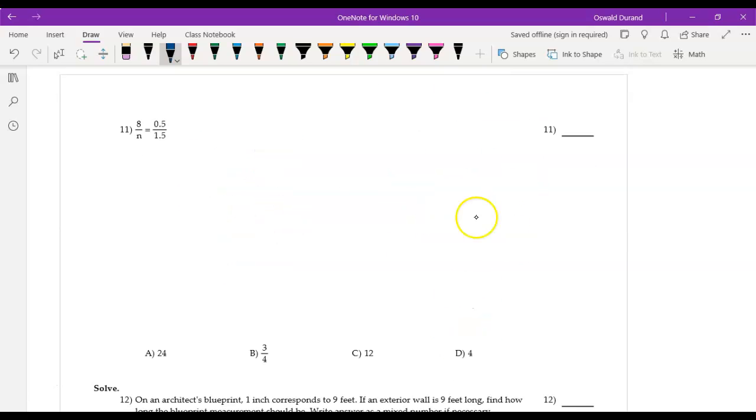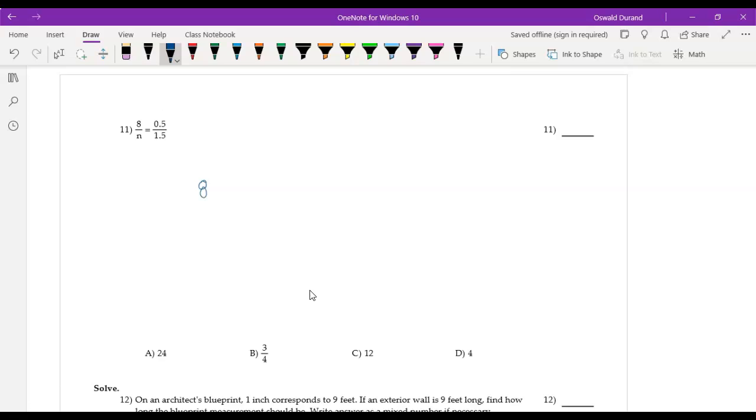All right. Okay, so let's do one more, and then we'll do kind of the same thing, but with word problems. Okay. So 8 over N. Let's do the cross multiplication from the get-go.